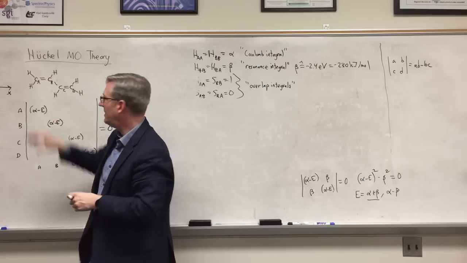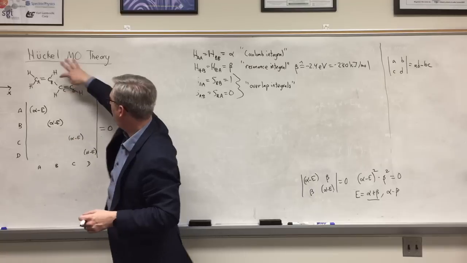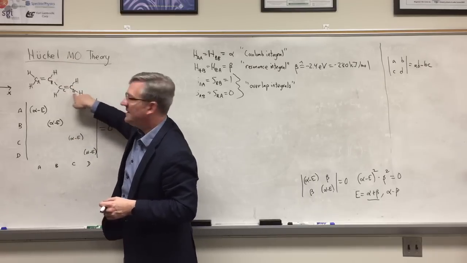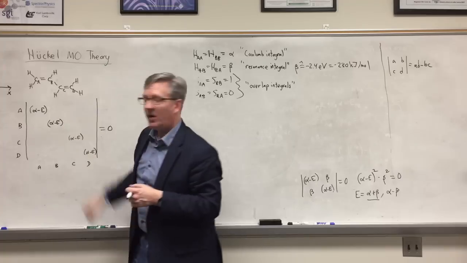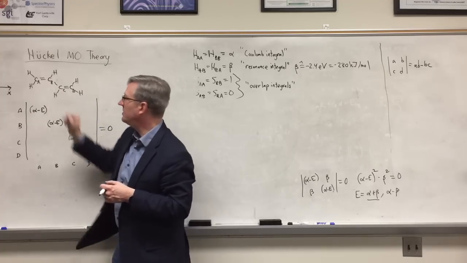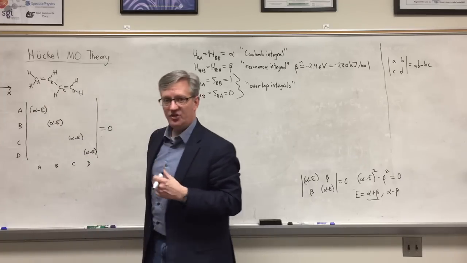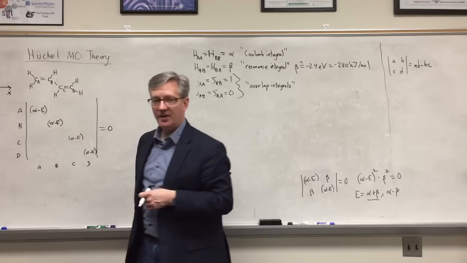They're side by side here. What else is adjacent? Well, B and C are adjacent, and C and D are adjacent in butadiene. However, A and C aren't adjacent to each other, right? There's a carbon in between. A and D are not adjacent, and similarly B and D are not adjacent.